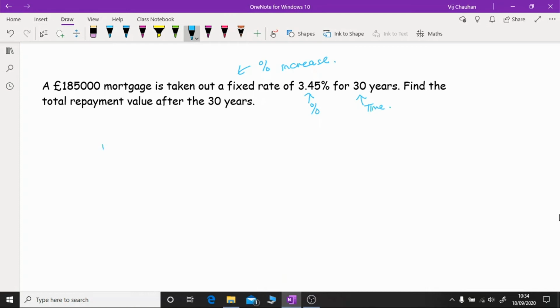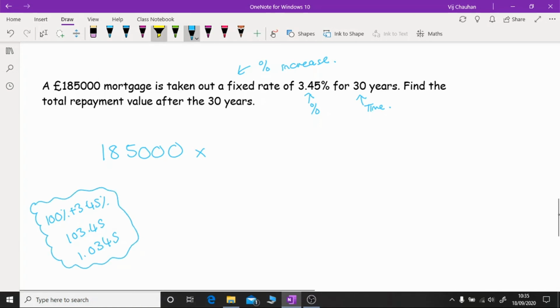So in terms of working this out, we're going to go straight into plugging this all into that formula. So we've got 185,000 times, now again to work out the percentage, we've got 100% plus 3.45%, which is 103.45. And again, you could do all of this in your head. You don't need to be writing this down, but I'm just doing it for illustrative purposes.